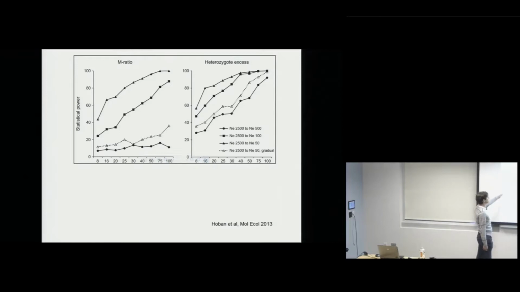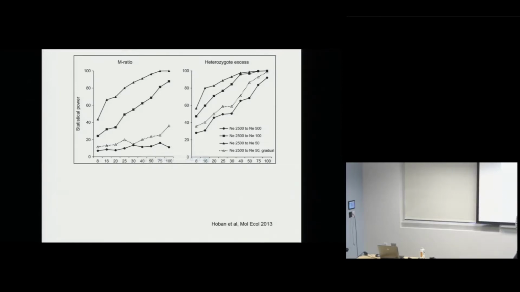So I did some simulations of various parameters of bottlenecks as we go from this, the normal range of a population genetic study today, to this, which is maybe what they will be in the near future. The question was, do we actually get more and more power to detect bottlenecks as we use more markers? And the answer is sort of yes.